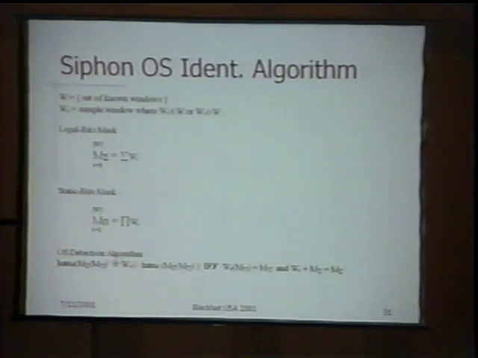And right here, what we do is basically take a group of windows that are known that the system might send out, and then we create a few masks, a legal bit mask. We basically logically AND all the windows together to see what bits are consistently set in the windows, which we could use as a filter.